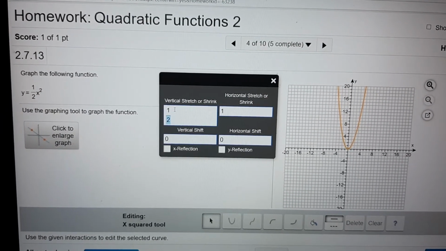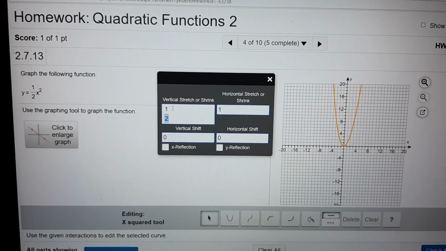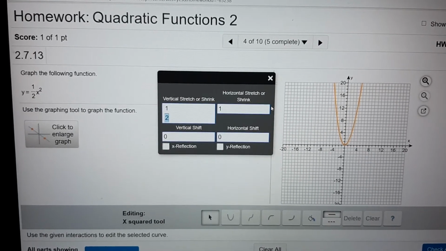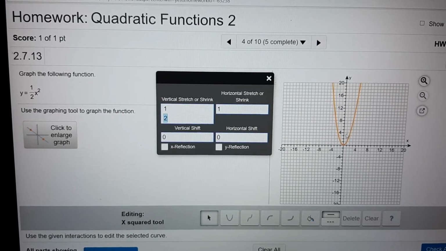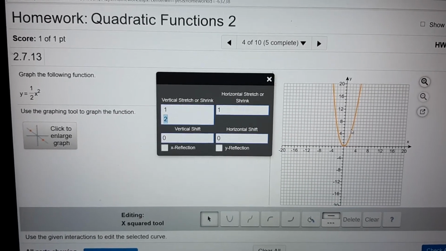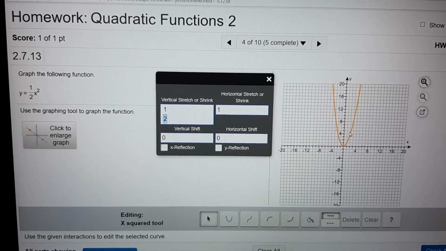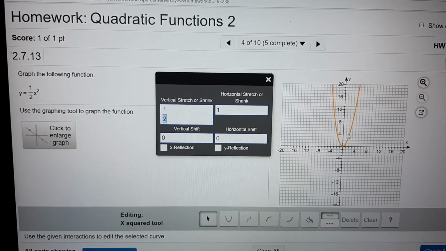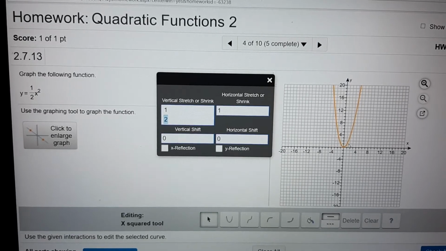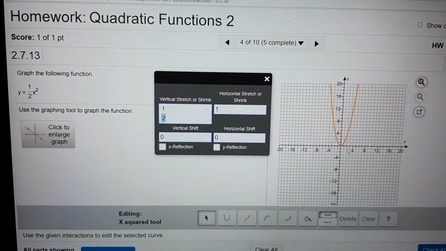Vertical stretch or shrink, it calls it, because it's going to shrink it. It's going to move every point, except for 0, 0. Well, it will move the y coordinate of every point twice as close to the x-axis, okay?